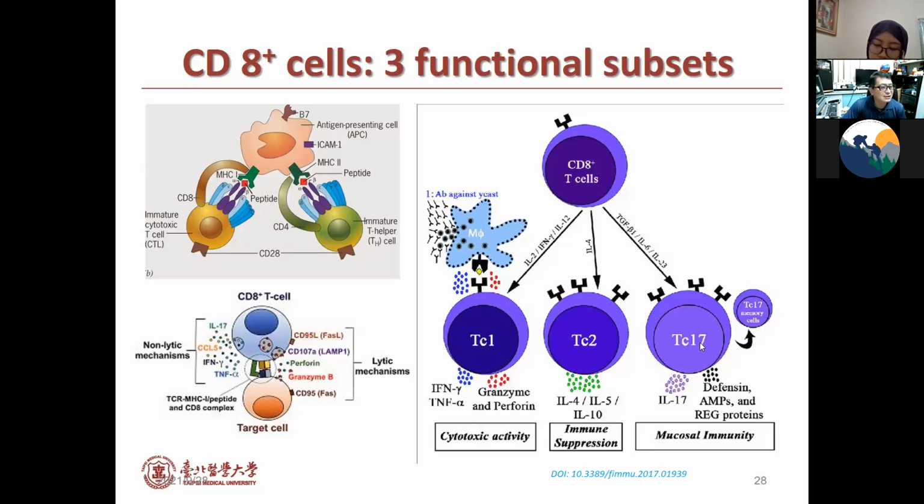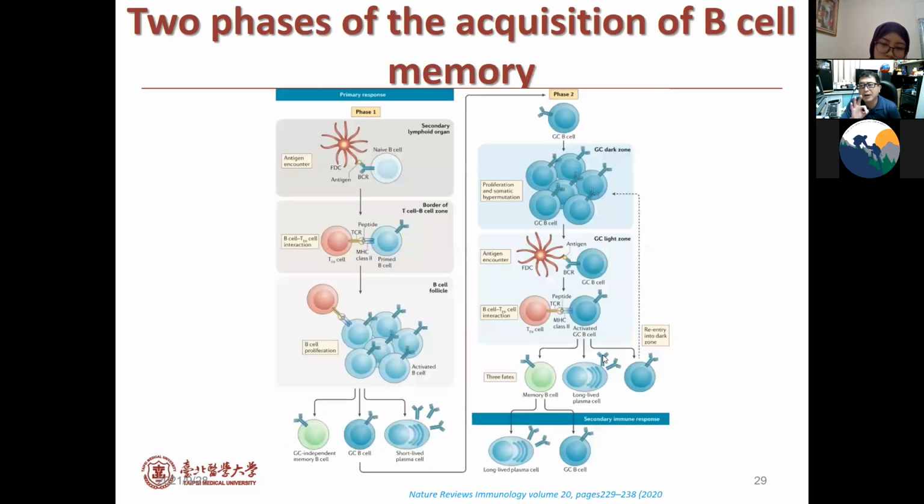And TC17 appears in mucosa with strengthened immunity. But TC2 has a suppressive function in active immunity, I mean the function here. So there are three types of T cells.